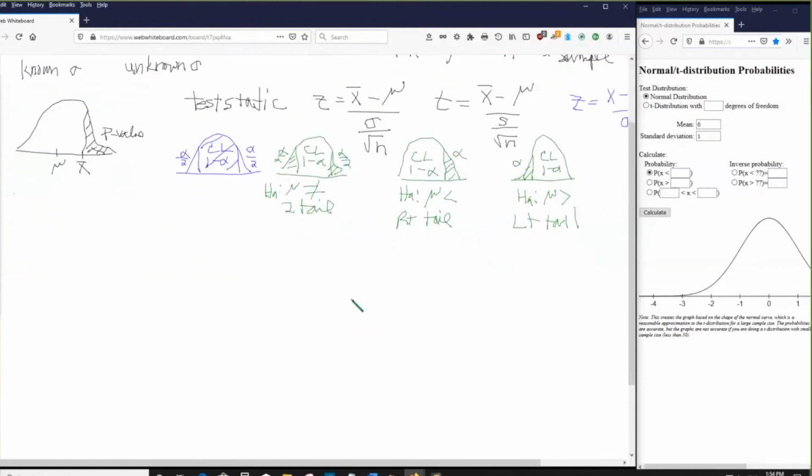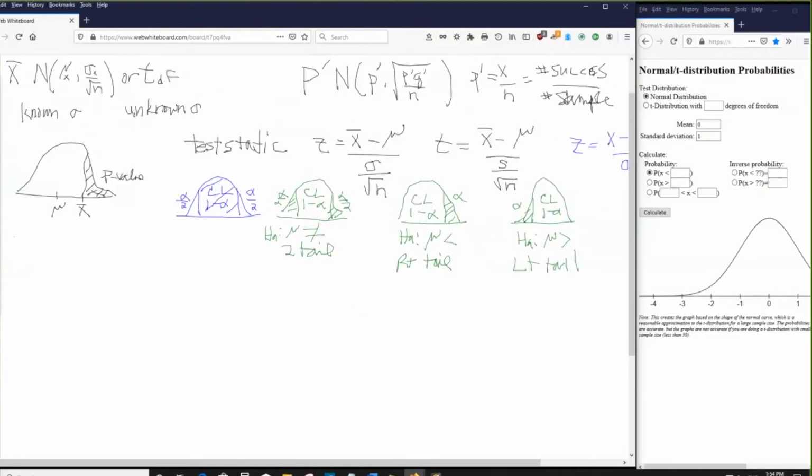And here I'm going to just give you your confidence levels. So let's say my confidence levels are 0.90, 0.95, 0.98, and 0.99.